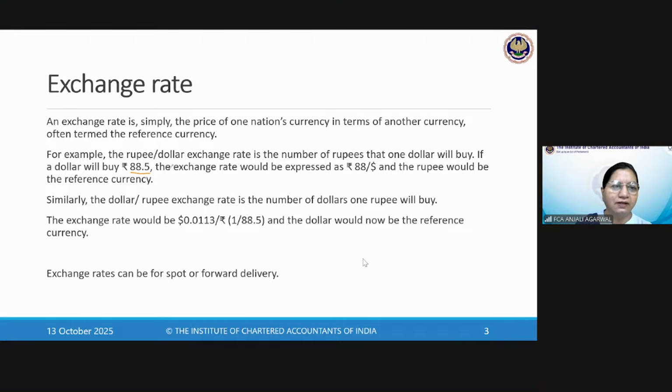So team, for example, the rupee dollar exchange rate is the number of rupees that $1 will buy, which is 88.5. So I can take the rupee 88.5 and it's against 1 USD. So here you will see the rupee is the reference currency.